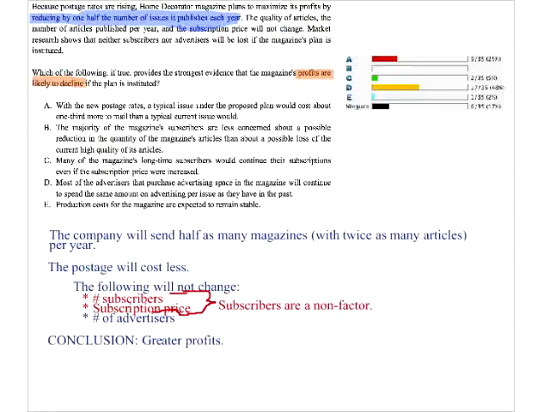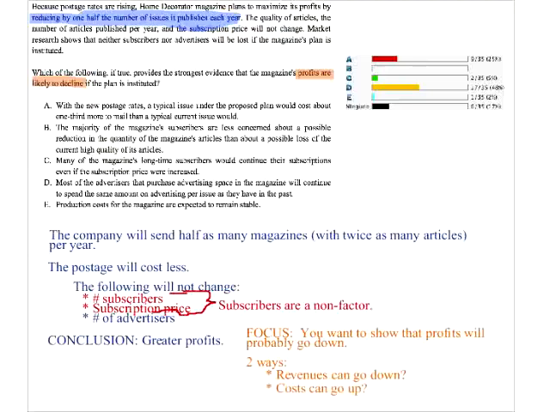The focus of the problem is that you want to show that profits will probably go down. There are two ways that this can happen because profit is revenues minus cost. So profits can go down if revenues go down, or profits can go down if costs go up.